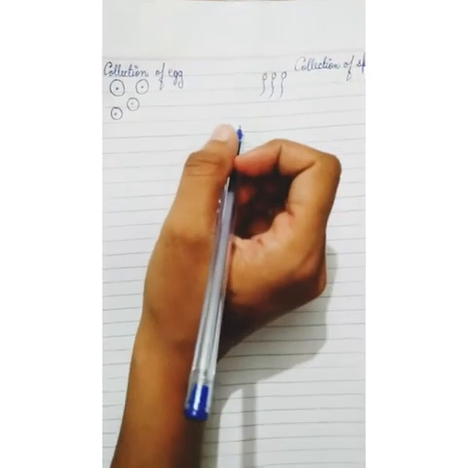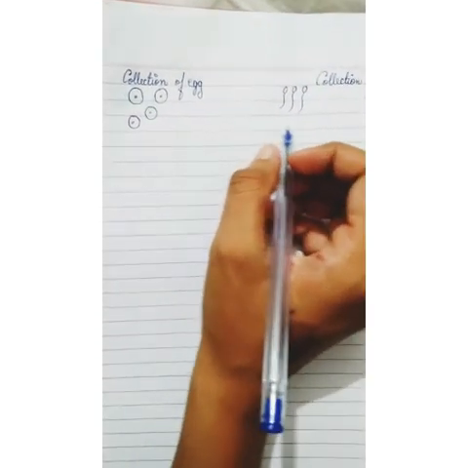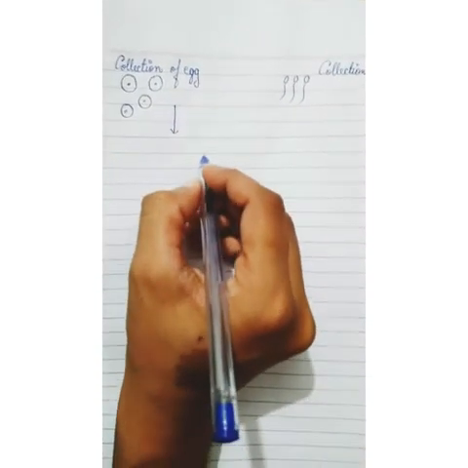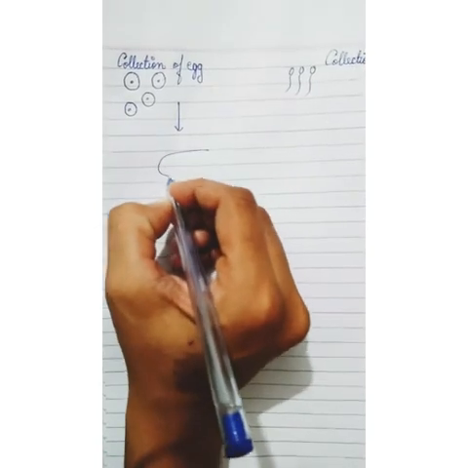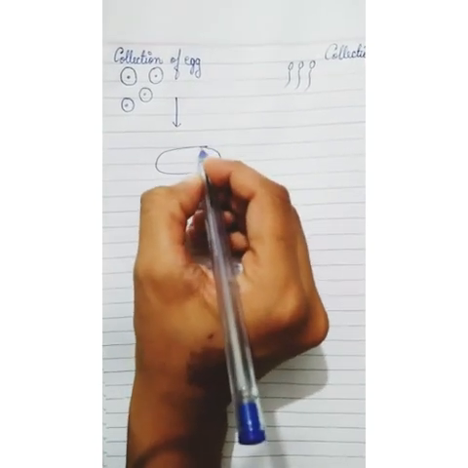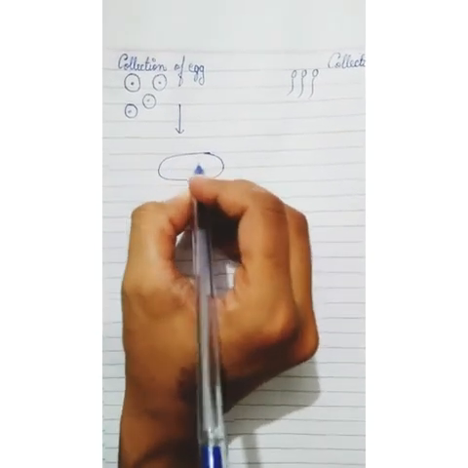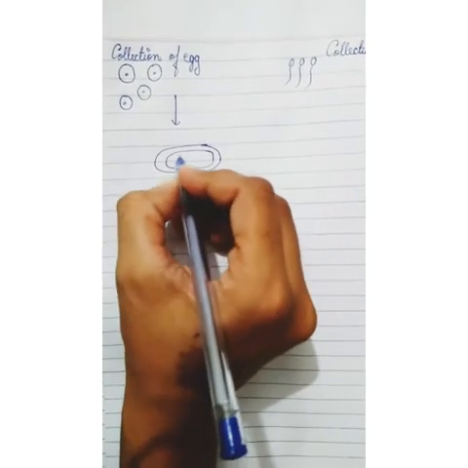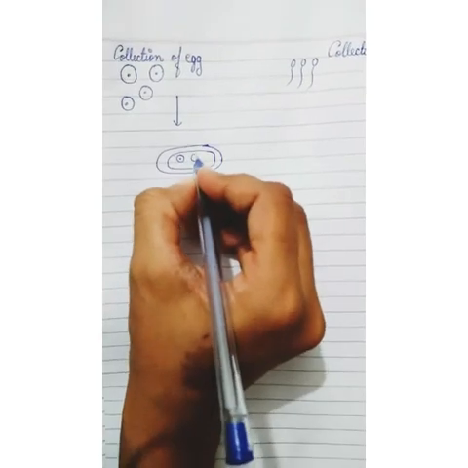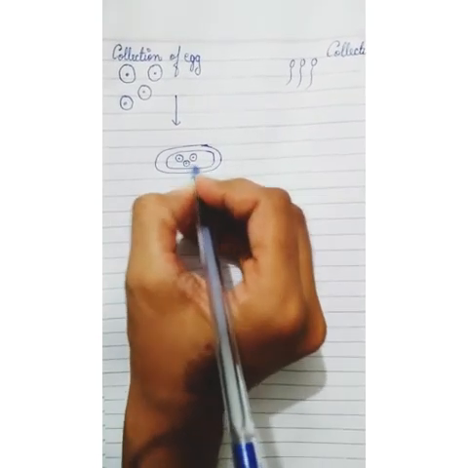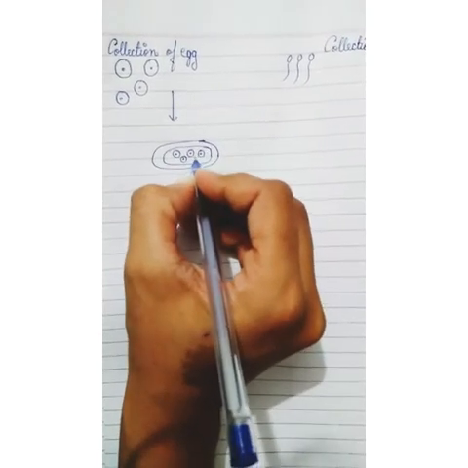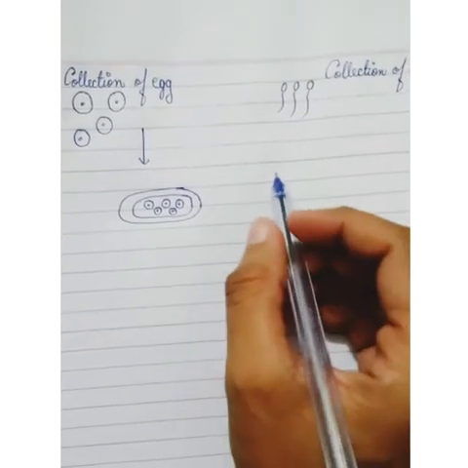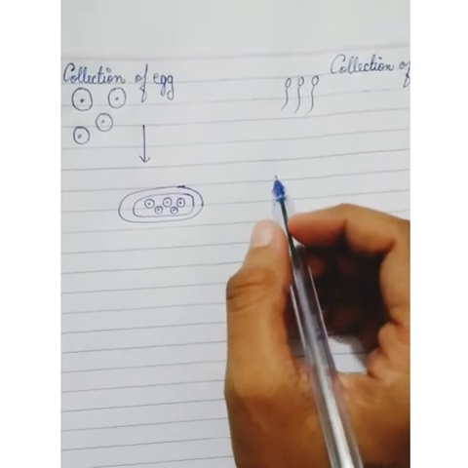After that, when the eggs are collected, they are put into the media. This is a petri dish, and the eggs are being put into the media. The media which is used is the flushing media. After that, in this media, we do insemination.